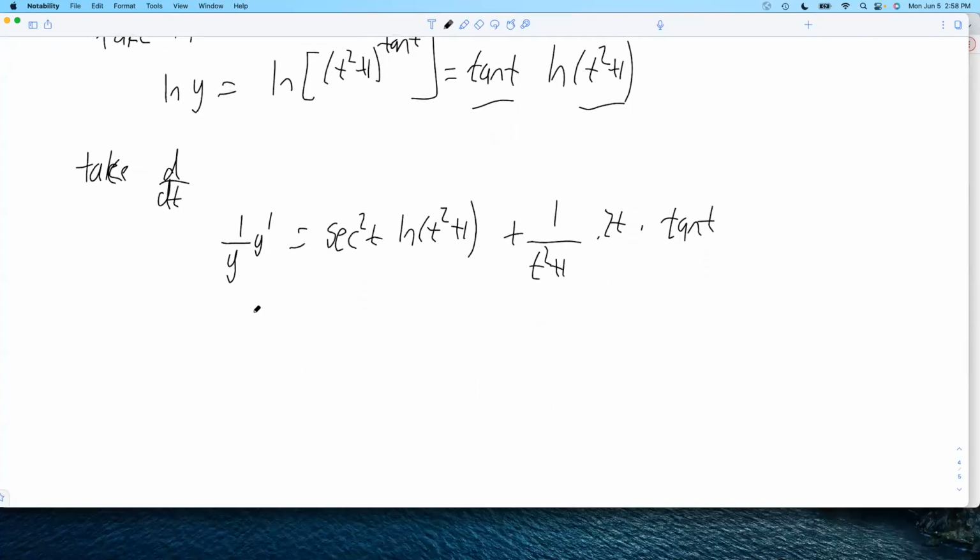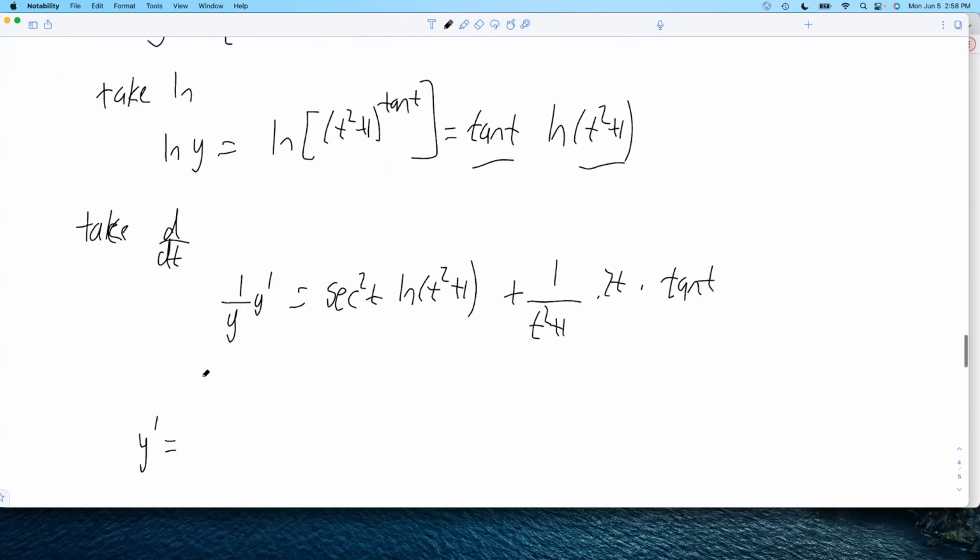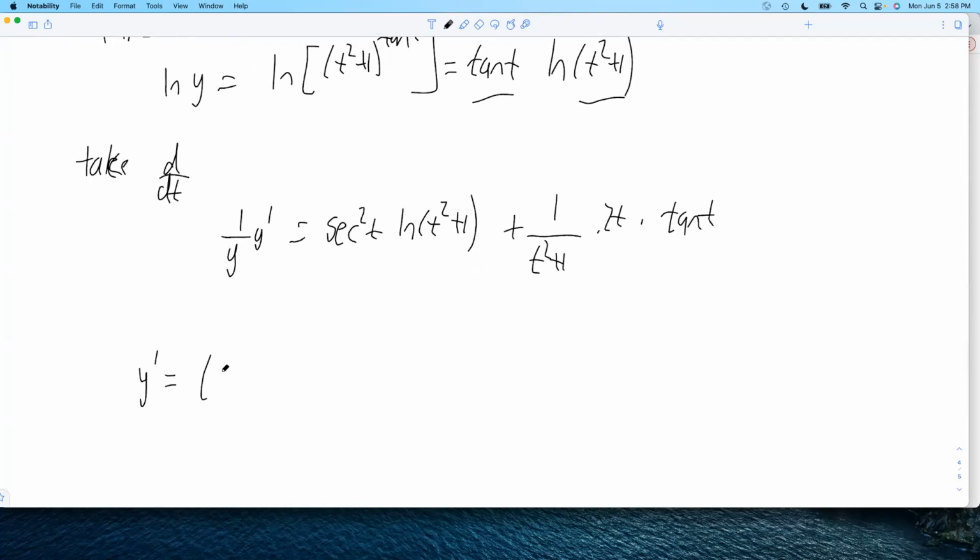And now, like the math, the hard part's all done. All the calculus is done. Just multiply that y back over. Y prime will be y, which was t squared plus 1 raised to the tangent of t, times all this stuff. And I'll clean up anything that obviously cleans up, but there's not much.